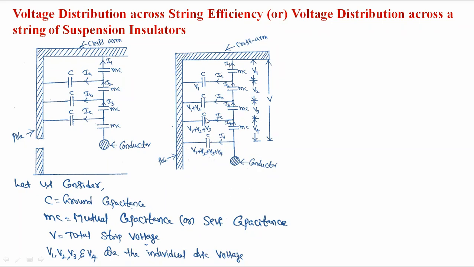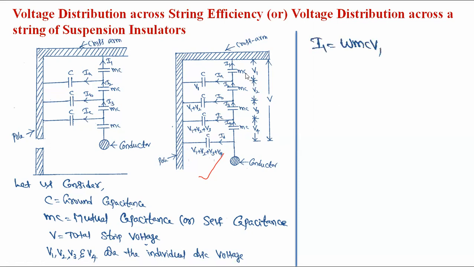Now consider this diagram. From this diagram, I1, I2, I3, I4 are the currents considered as the self current or the mutual current, and IA, IB, IC, ID represent the shunt current.